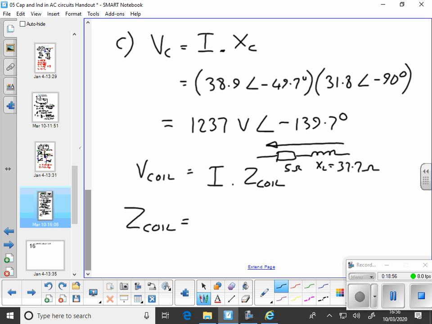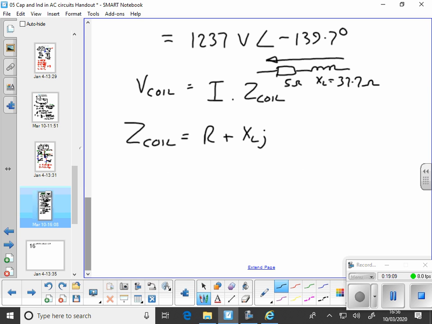So just the resistor and the inductor here: 5 plus 37.7j ohms. Convert to polar.